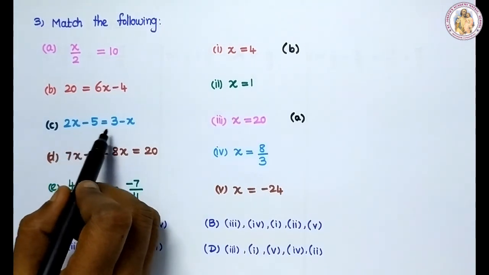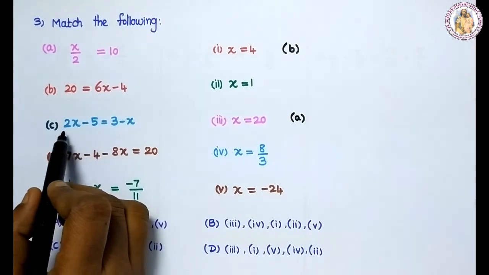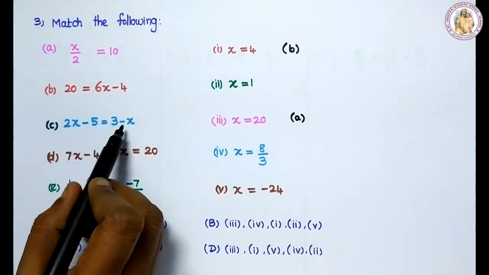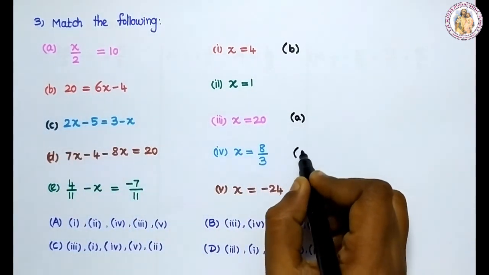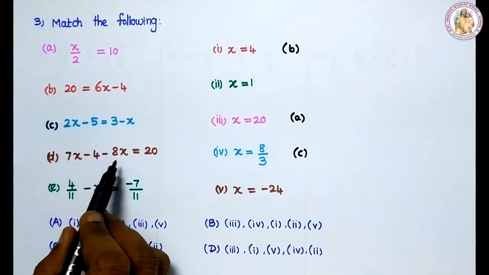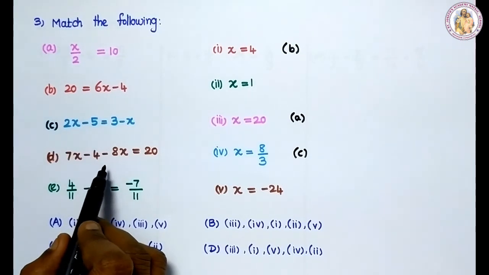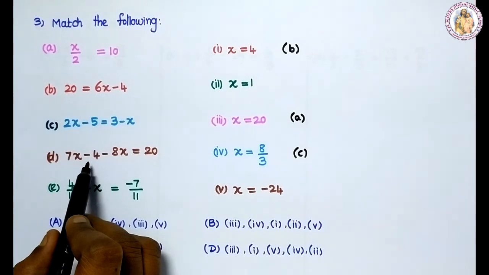2x minus 5 equal to 3 minus x. Minus x becomes plus x, so 3x. Minus 5 becomes plus 5, so 8. So 8 by 3. That is the C answer. And 7x minus 4 minus 8x equal to 20. 7x minus 8x is minus x. Minus x minus 4 equal to 20.